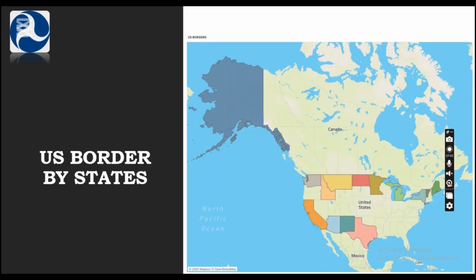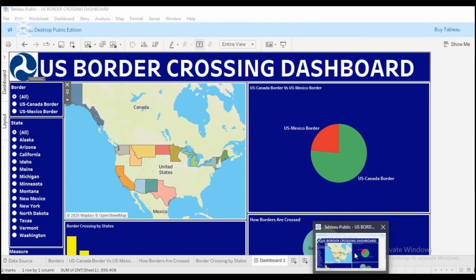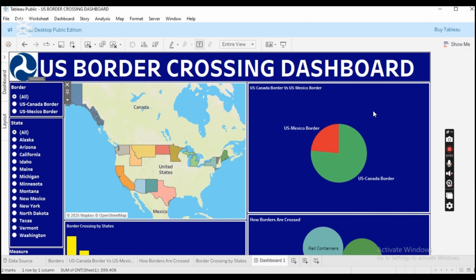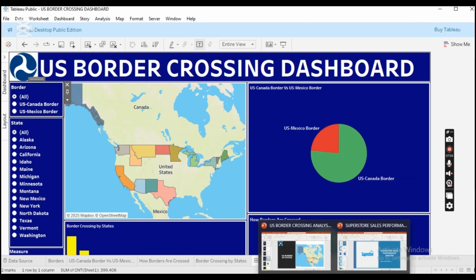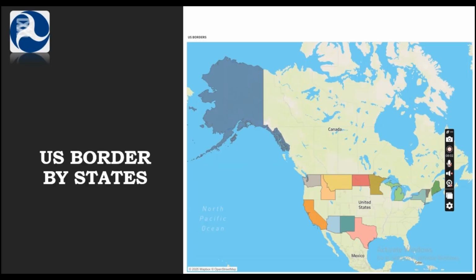Before I start explaining this, I want to take you back to the dashboard which we have created. Based on the analysis we did, we got the US border by states on the map.